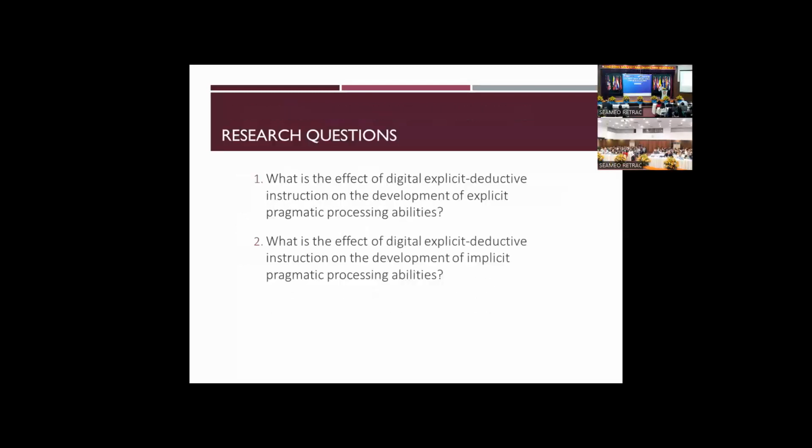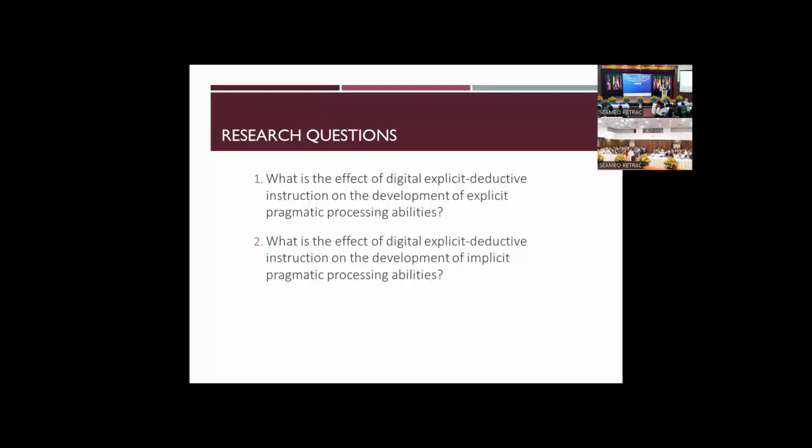So now turning to my study, here are my research questions. What is the effect of digital explicit deductive instruction on the development of explicit pragmatic processing abilities? The instruction that we decided to give was explicit, where we provide them with rules about how to use pragmatic features in order to be polite.